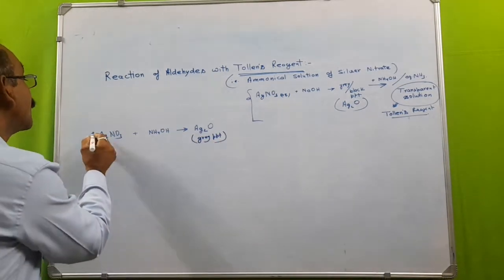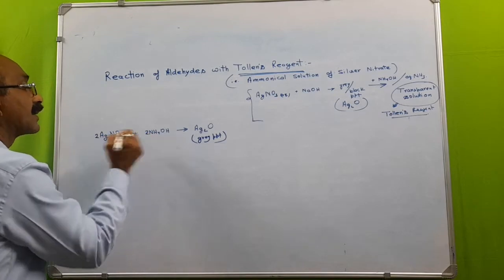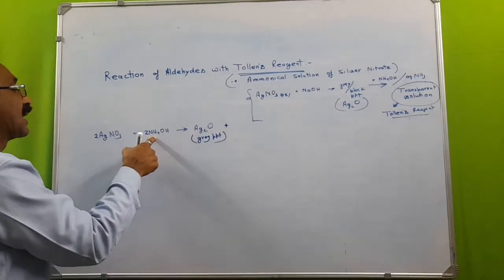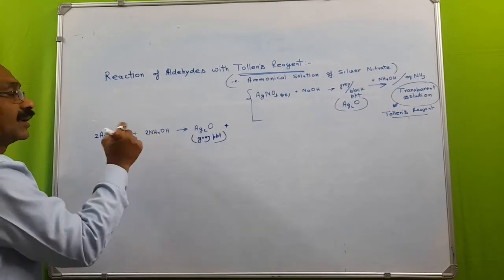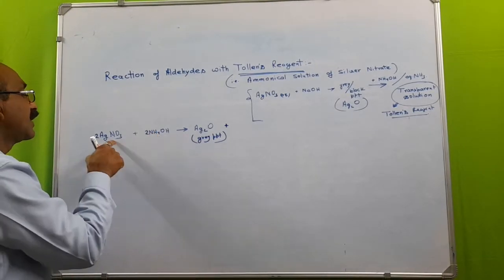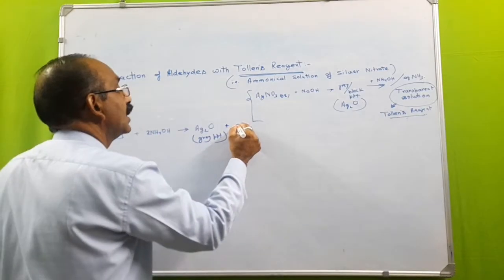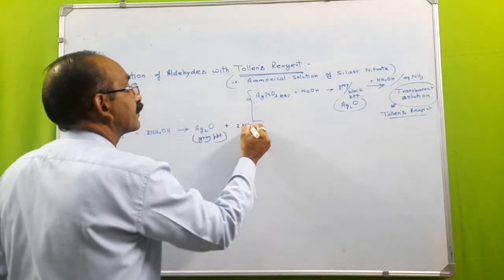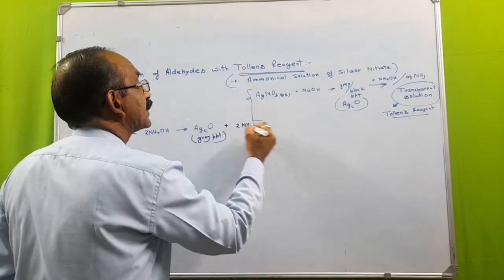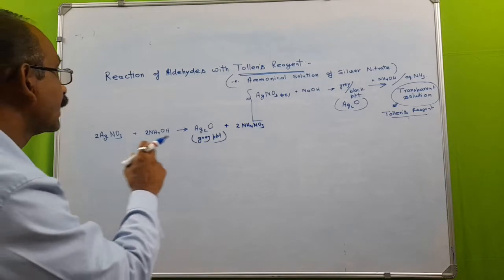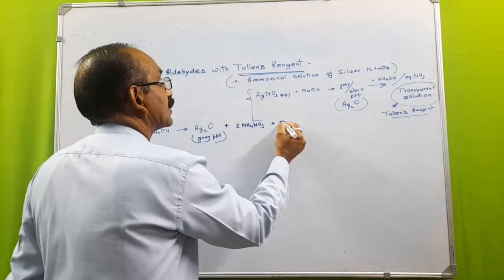See, write a balanced reaction. The NH4 plus ion of the ammonium hydroxide will combine with the NO3 minus ion produced by the AgNO3, forming NH4NO3. Now one water molecule also sets free here.